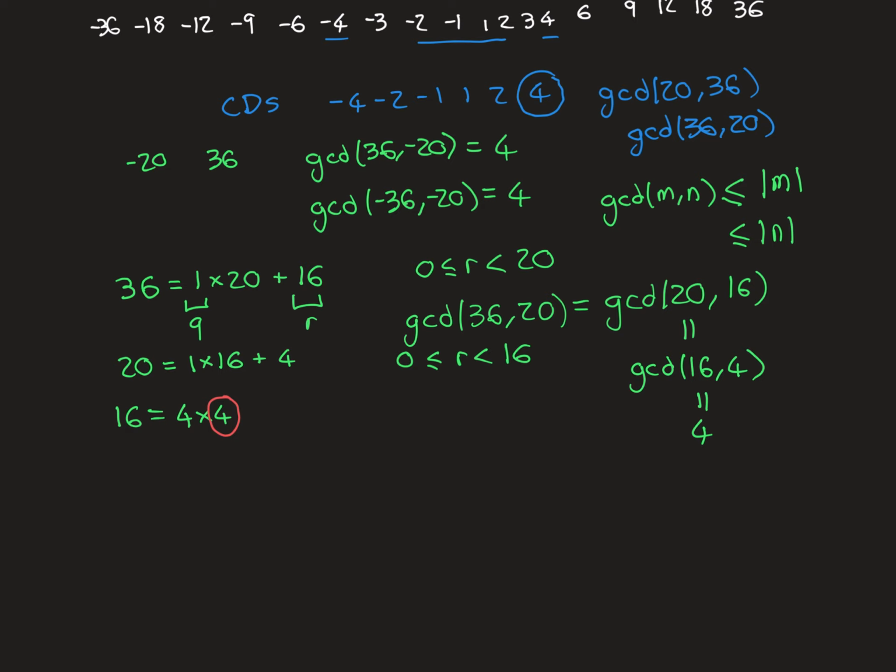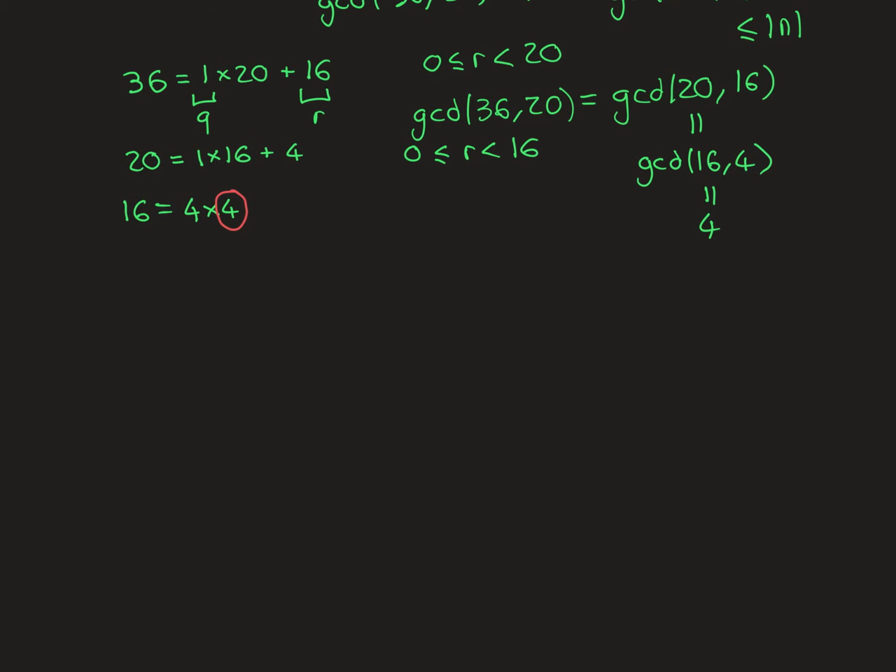So the crucial argument then, the whole thing that this is all based off, is this fact that you can replace the GCD of two numbers with the GCD of the smaller number and the remainder that you have here. So let's talk through why that works, and we'll do it in the more abstract context.